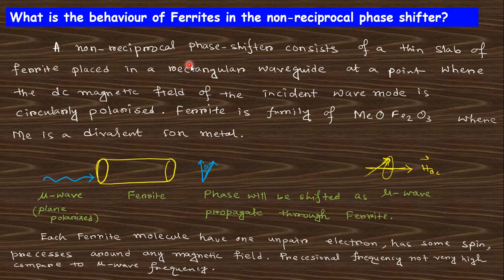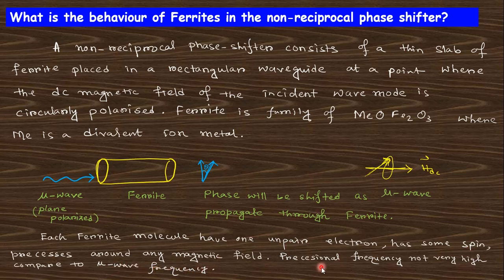Okay, a non-reciprocal phase shifter consists of two slabs of ferrite placed in the rectangular waveguide. When we place a ferrite within the rectangular waveguide, suppose this is a plane polarized microwave, within this ferrite there will be a phase change. Each ferrite molecule has one unpaired electron, which has some spin and precesses around this magnetic field.